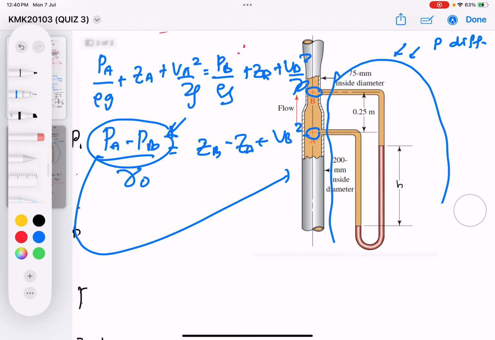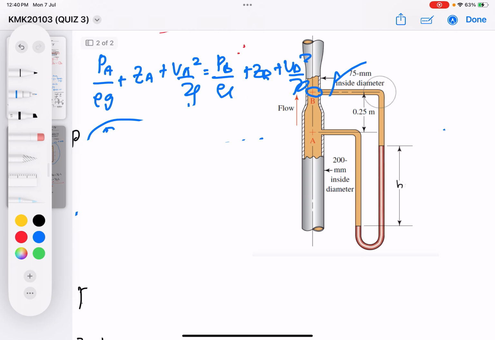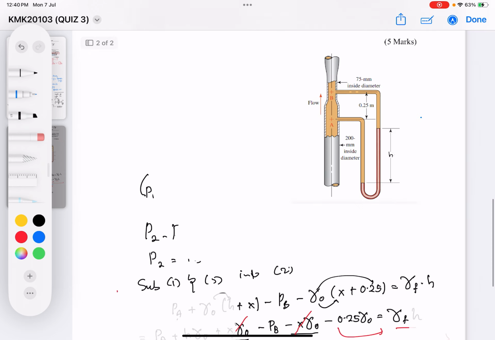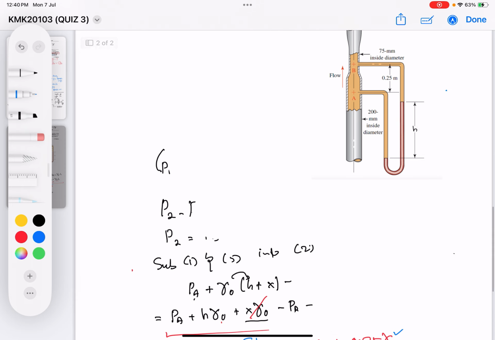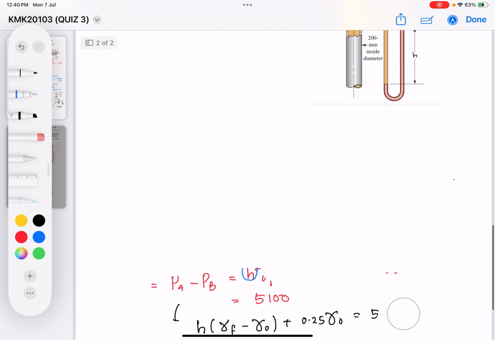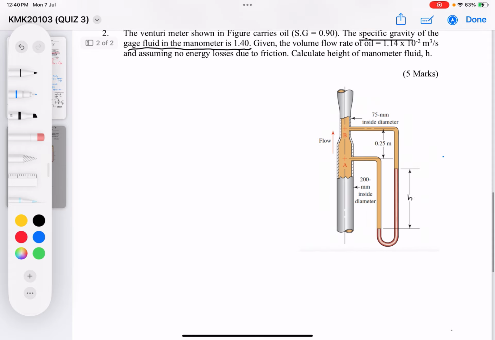I also noticed that during our quiz number 3, one of your friends was referring to what he did during the lab session, which is good because at least you understand the difference between the lab session and the question over here. What your friend did during the quiz, he showed me the answer, and they said they are using the Bernoulli's equation to find PA minus PB.